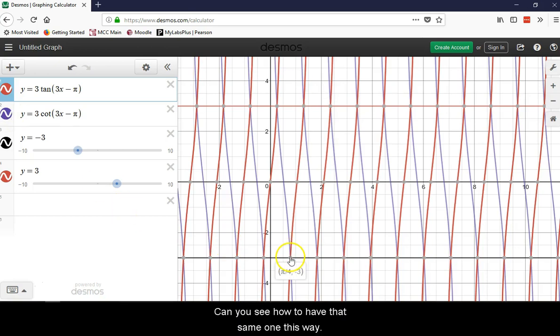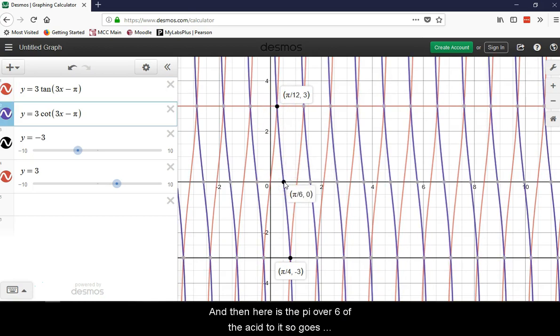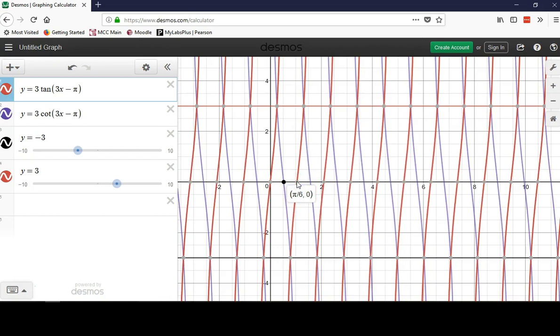And you see how I have that same one this way, but it backs up to the one before it. And then here is that pi over 6. So it goes backwards. It's like it spins. And so the other one that was here is actually going to be the other part for this way. So it's like you take this and spin it over to where the other one is.